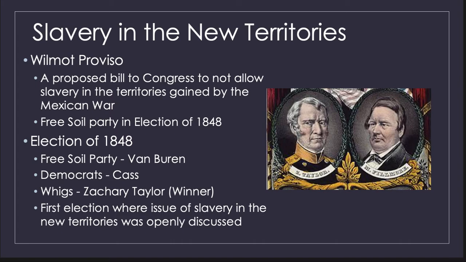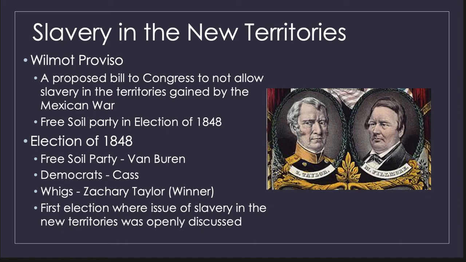This bill was supposed to state that there would be no slavery in any of the territories gained in the Mexican-American War. And it doesn't actually pass, but it shows that there are people who are threatening the expansion of slavery that don't want it to expand at all. There will be no compromise made by these people.